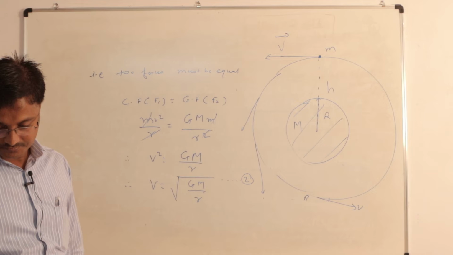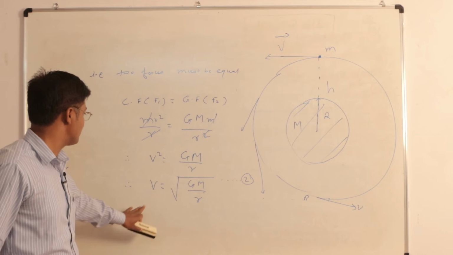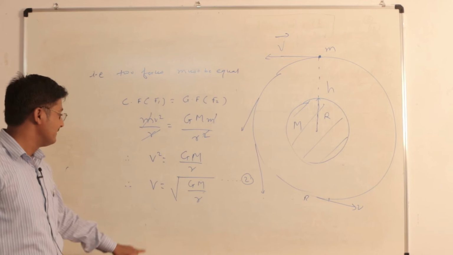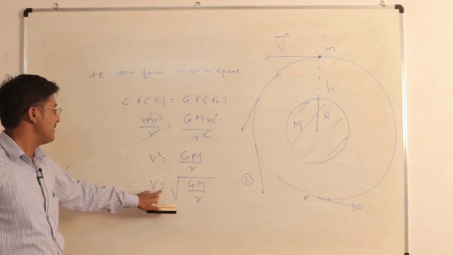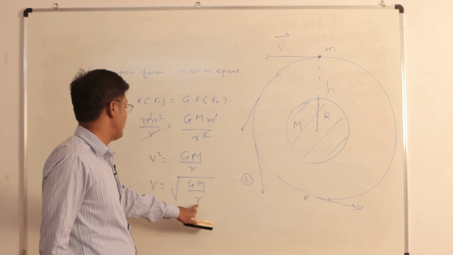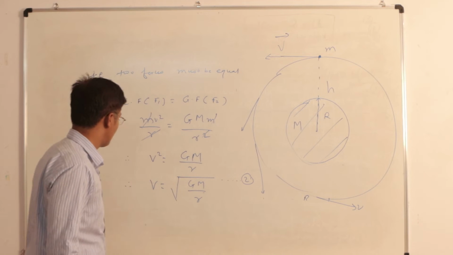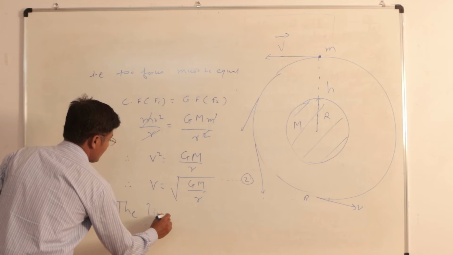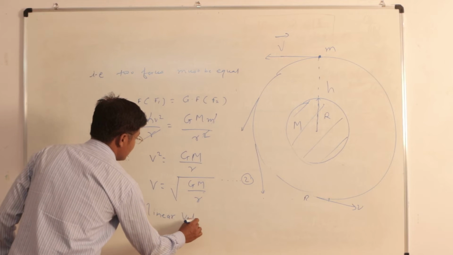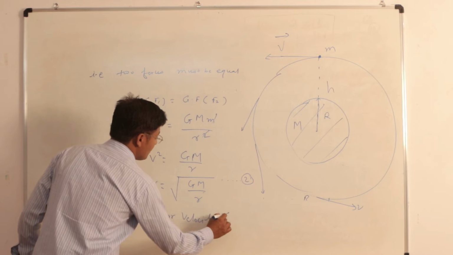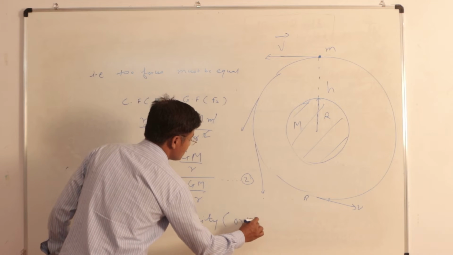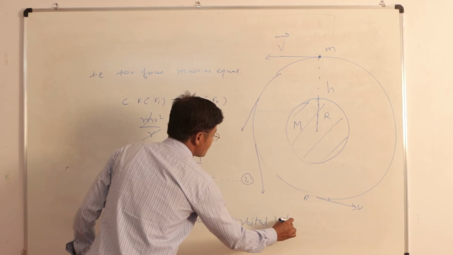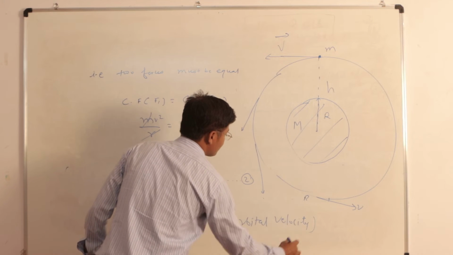So very simple. So what we can say from this equation 2, the linear velocity depends on mass of Earth and radius of orbit. यालाच म्हणतात orbital velocity. Always remember, this is the orbital velocity, more precise.